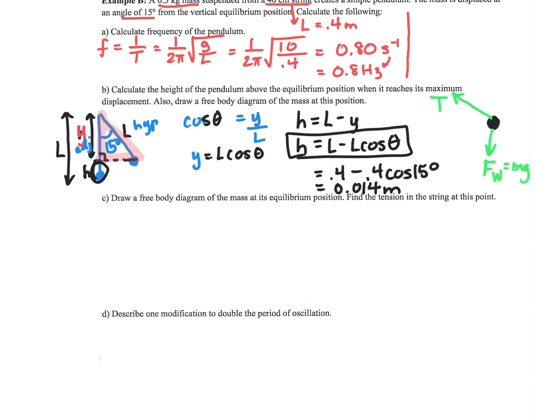Now, draw a free body diagram of the mass at its equilibrium position. So at equilibrium, it's hanging straight down, which means that we've got the weight down, and then the tension is straight up. Okay? So the tension is straight upwards, which means that we know those two things have to be what? Don't say they're equal.